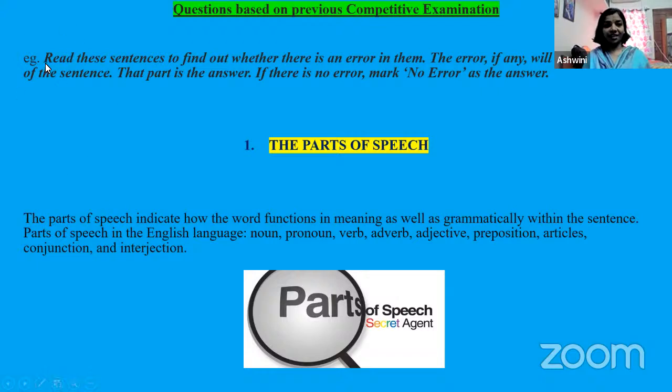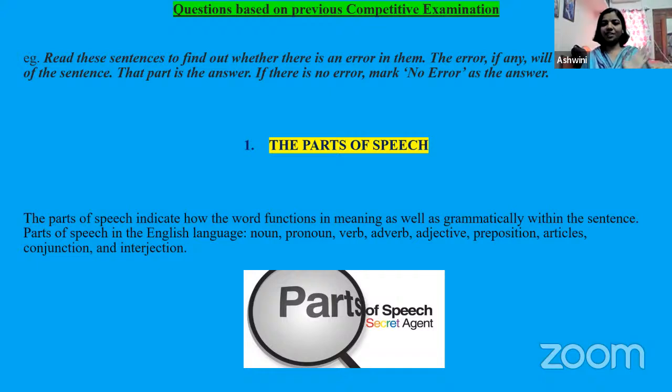How will the questions be asked, how do they ask in Common Errors in English, that is: read the sentences to find out whether there is an error in them. Read the sentence frankly, okay, you have to read it very calmly. Then the error, if any, will be in one part of the sentence.